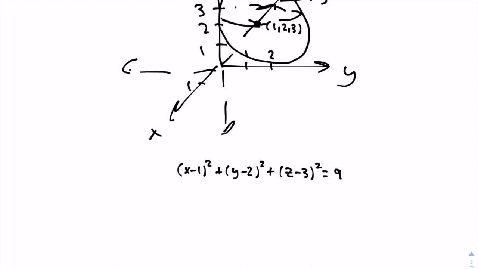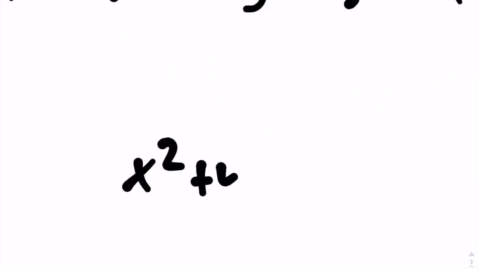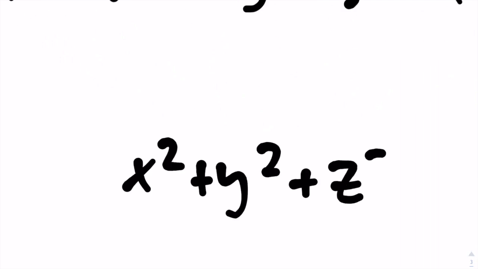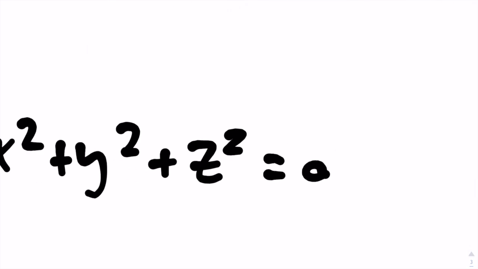And to do this, I'm going to first start off by going over how to find it for any sphere. We can define the sphere as x squared plus y squared plus z squared is equal to a squared.